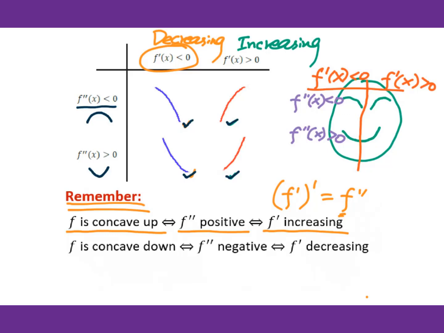That's the reason when the second derivative is positive, the first derivative is increasing. When f is concave down, the second derivative is negative, the first derivative is decreasing.